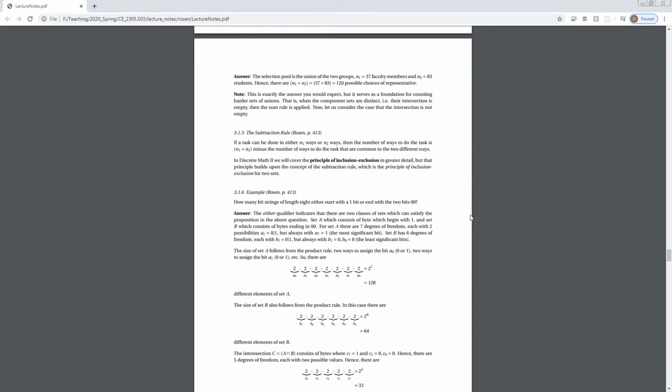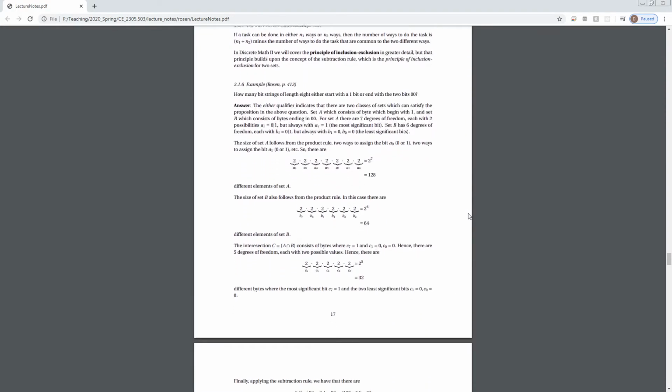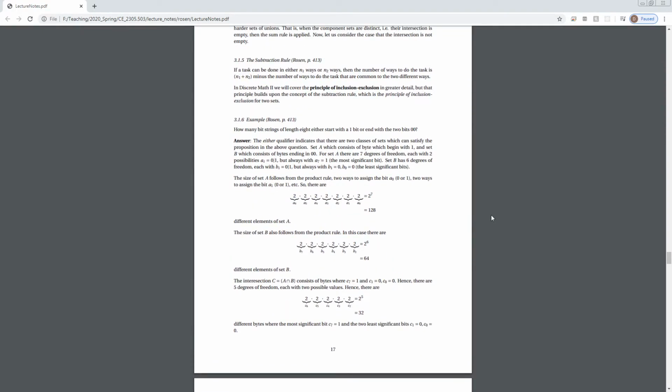And so the subtraction rule is really a rule bolted on to the addition rule, but it's going to be of fundamental importance whenever you're trying to determine the size of a set.